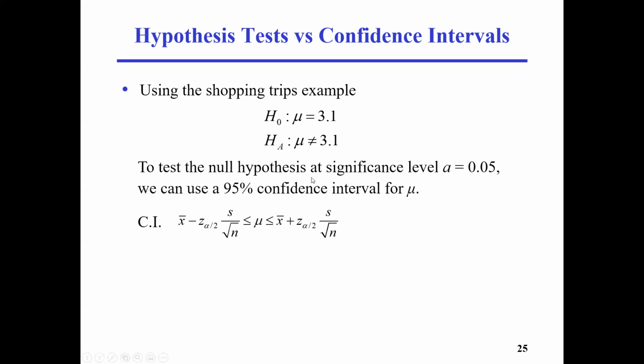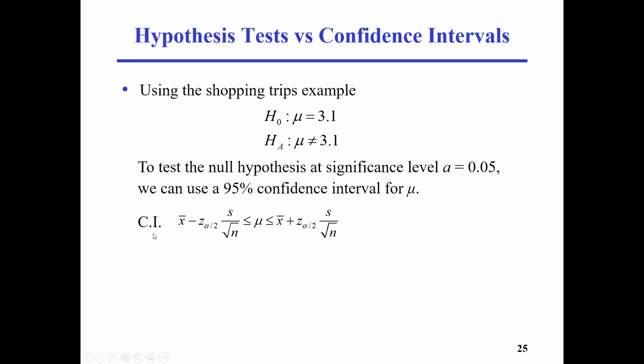To test the null hypothesis at significance level alpha equals 0.05, we can use a 95% confidence interval for mu. If alpha is equal to 0.05 and we're doing an estimation, then the confidence level should be 95%, and the interval we create is called a 95% confidence interval.